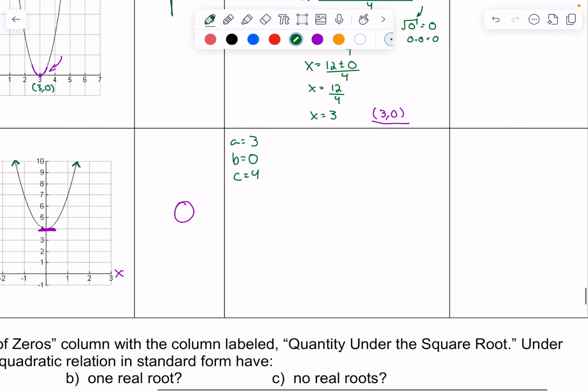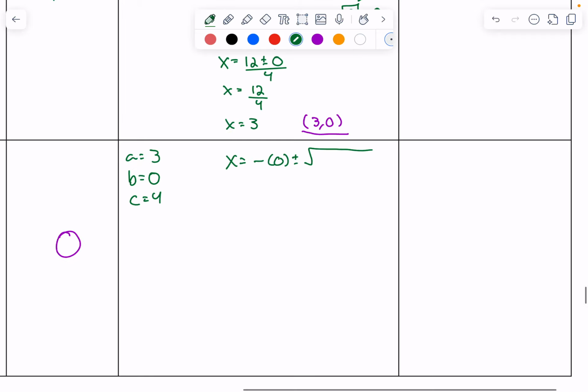Let's use our quadratic formula. x equals negative b, so negative 0, plus or minus the square root of b squared, which would be 0 squared, minus 4 times 3 times 4, all over 2 times 3.